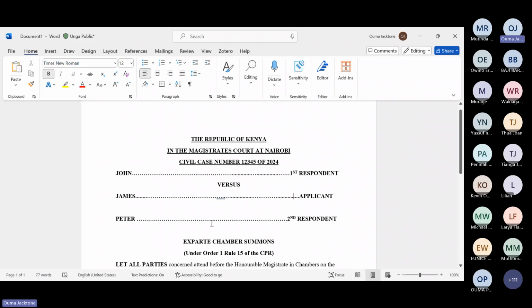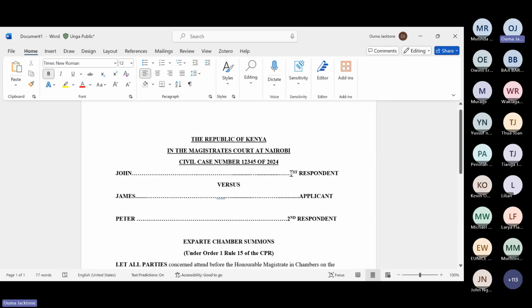The parties are John versus James and Peter. Are we together? Now, I want you to understand where that is coming from. Now, we have the first respondent, the applicant, and the second respondent.